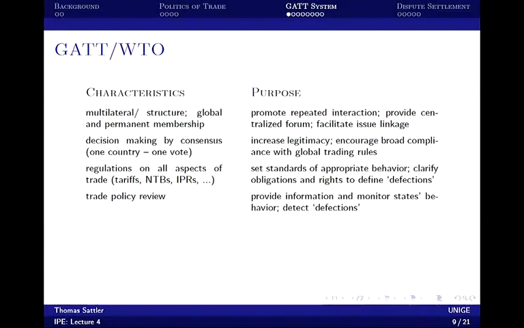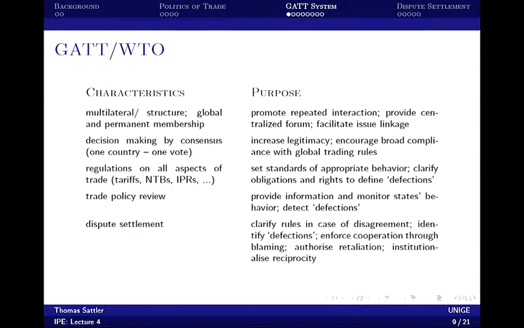Every few years, a country is reviewed by the World Trade Organization and its members, and information is provided whether states actually comply with the rules or whether they don't. And then the dispute settlement body serves as a sanctioning mechanism or a political enforcement mechanism that starts to operate when countries are not going to comply.